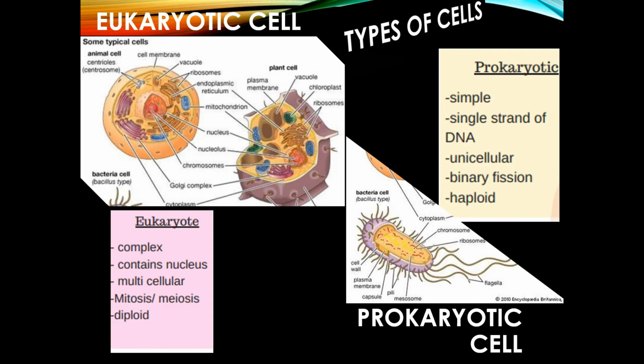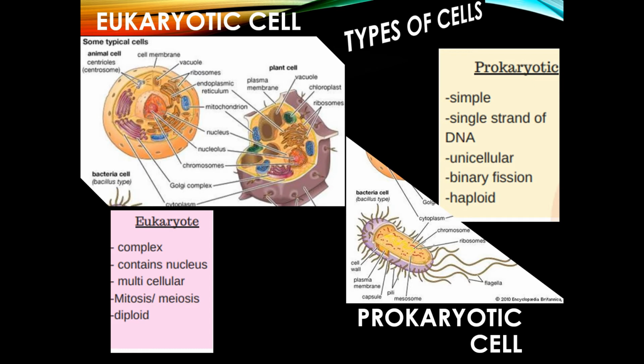Now coming to types of the cells. Cells are basically of 2 types, prokaryotic and eukaryotic. Prokaryotic, the word karyotic has come from the word karyon. Karyon means nucleus. Prokaryotic cells are the cells which were existing before the existence of nucleus.